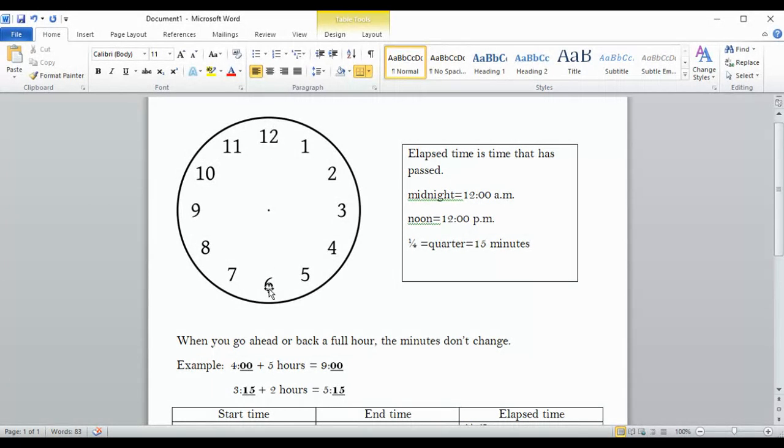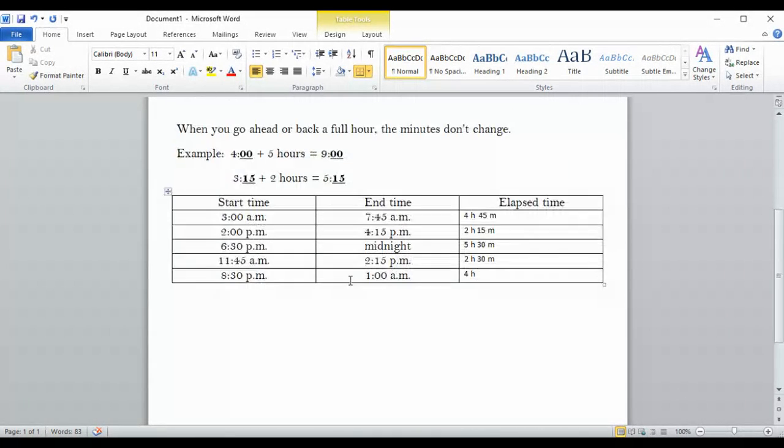So if I was at 12:30 up to 1 o'clock, that's another 30 minutes. So that is how you work with elapsed time when you know the start time and you know the end time, and you're being asked to find how much time has passed between those things.